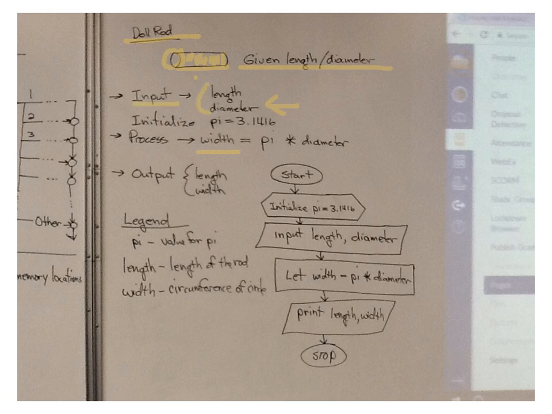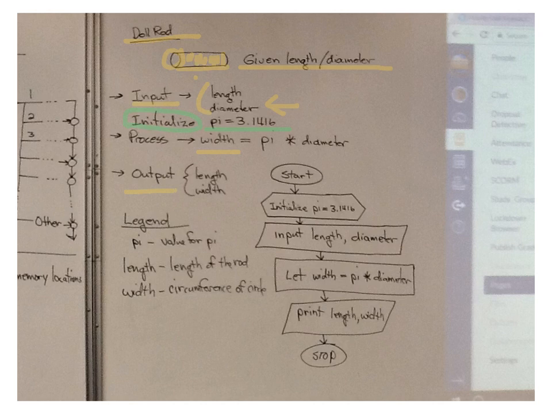So we talked about input. We input these two, and then we look up pi. That's initialization. We're going to set pi to be 3.1416, and then we know the output.